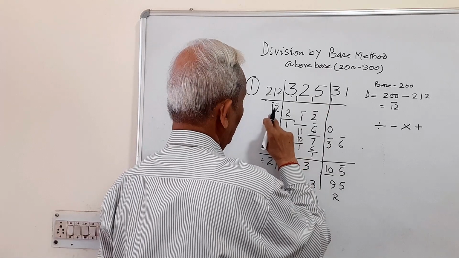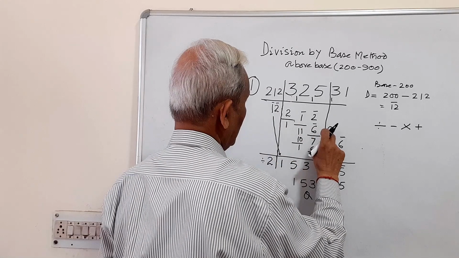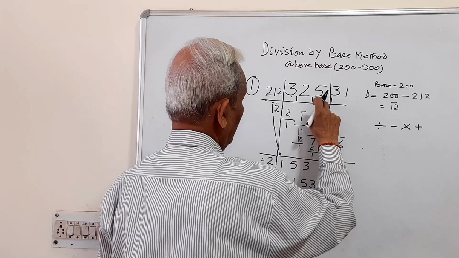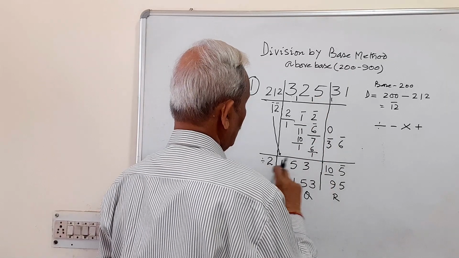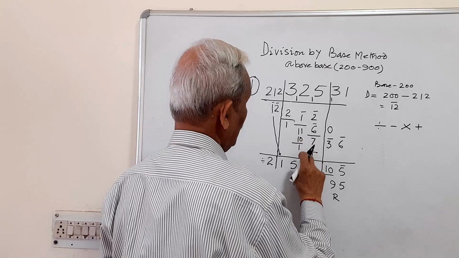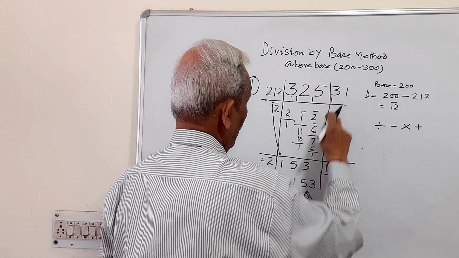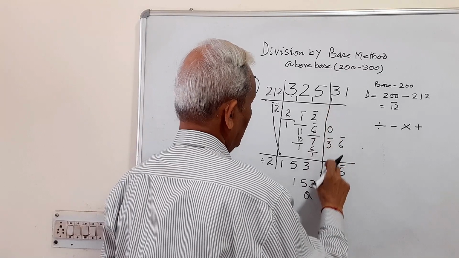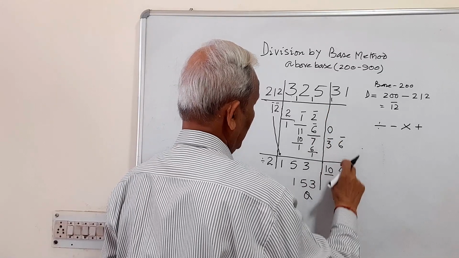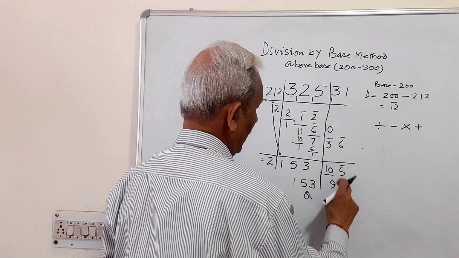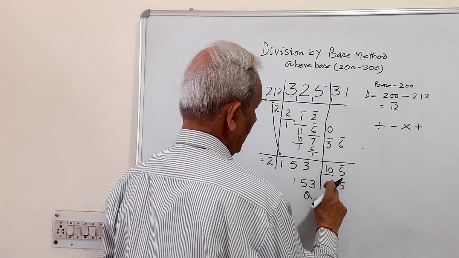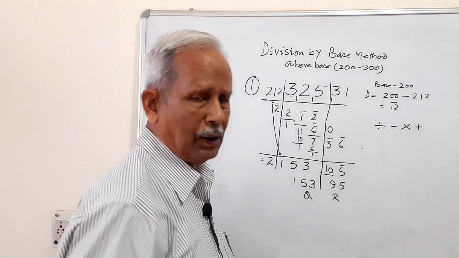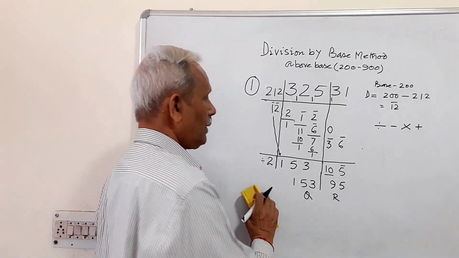Now 5 into 12 bar is 6 bar, 0 bar. Now this becomes 6 plus 2, 8 minus 1, it becomes 7. 2 goes 3 times into it. Difference is 1. Put down 1 here. Now 3 into 12 bar, 36 bar, 13 minus 3 is 10, and 6 bar plus 1 is 5 bar. So devinculate it, reduce it by 1, 9, it becomes 153, remainder is 95, the answer is there. You have to follow the process and you can do it very easily.